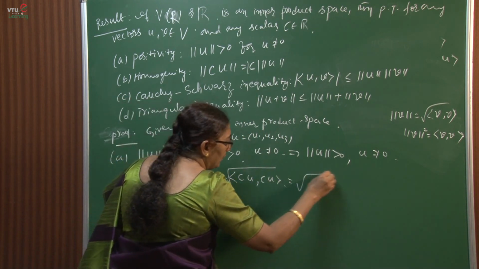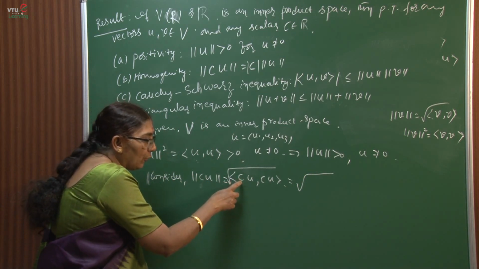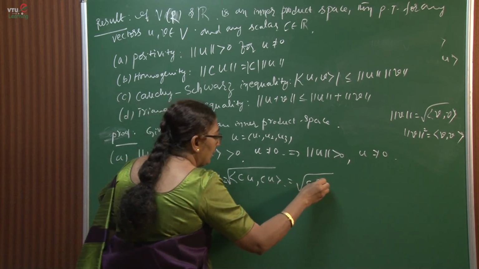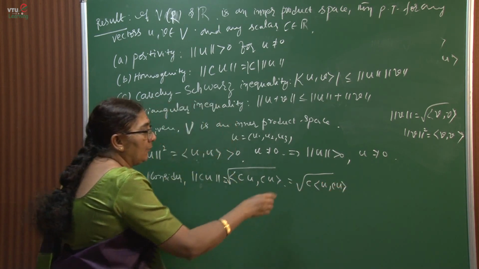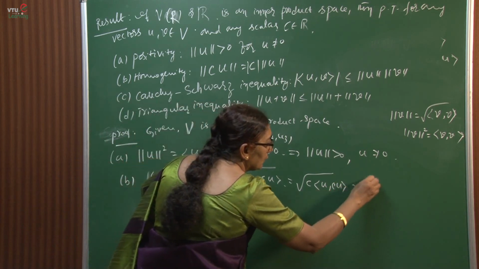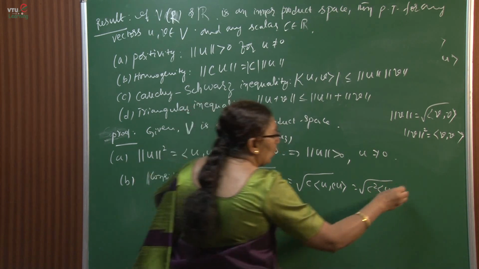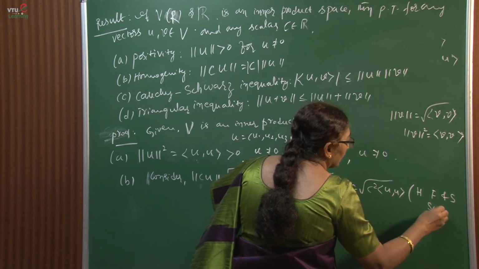From homogeneity in the first slot, what do we get? c into the inner product of u comma cu. Again, homogeneity for the second slot. This is the first slot, second slot. We get the square root of c squared into the inner product of u comma u.